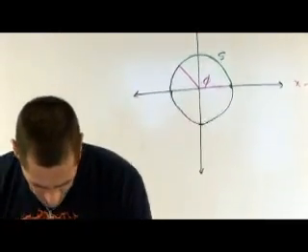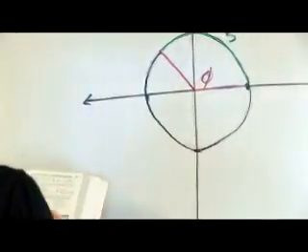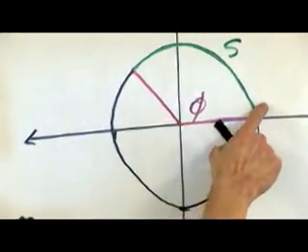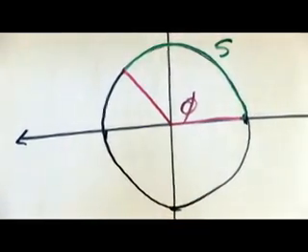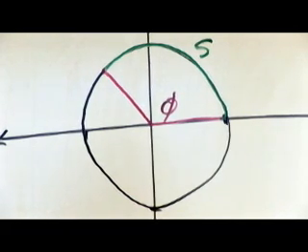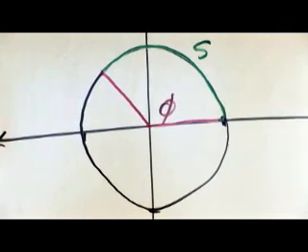One more time. We say that the central angle of theta radians intercepts an arc of length s, so it intercepts this. Basically, it's defining this on the circle, and we say that the arc of length s is intercepted by the central angle of theta radians.